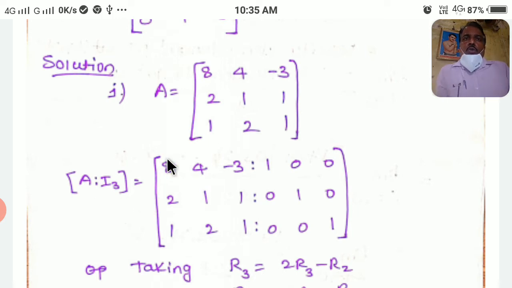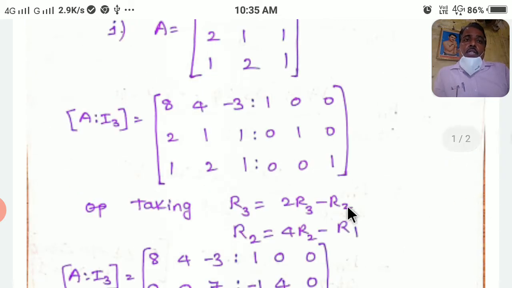Now, as I already told, first we write the given matrix and the unit matrix side by side like this: A double dot I3, which is equal to the matrix 8 4 minus 3, 2 1 1, 1 2 1, then put a double dot, then write the unit matrix 1 0 0, 0 1 0, 0 0 1.